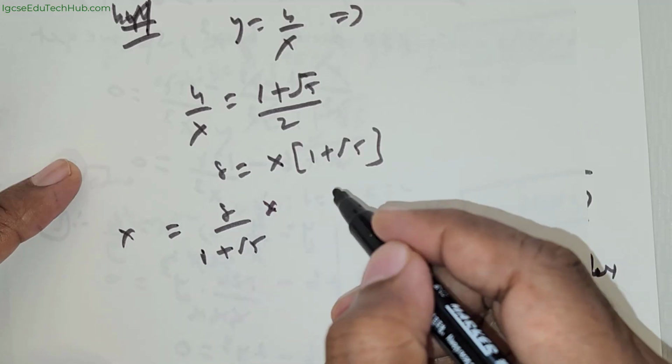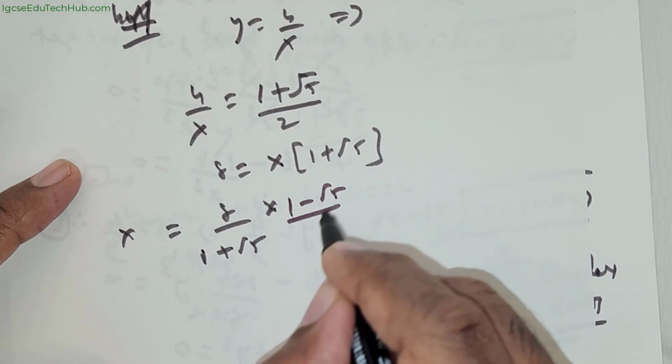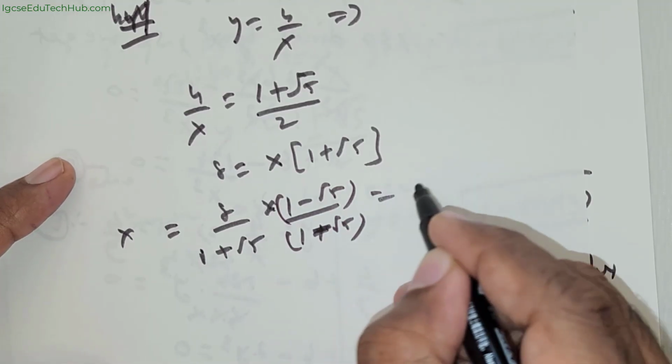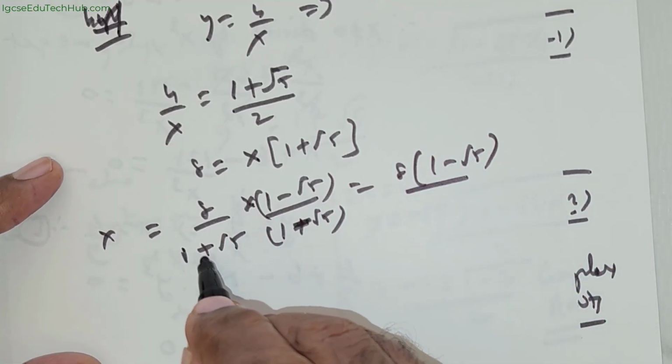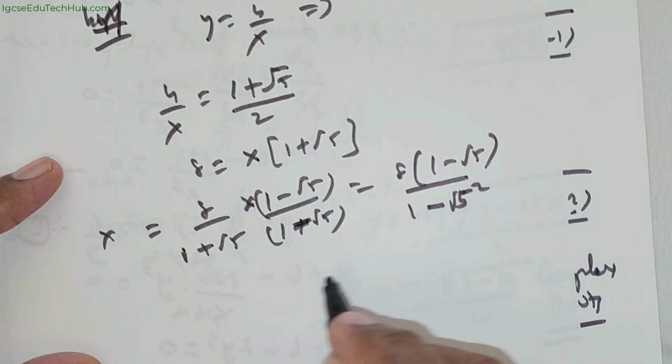I will rationalize this. So (1 − root 5) divided by (1 − root 5). This is going to be 8 times (1 − root 5) over 1 minus root 5 squared.